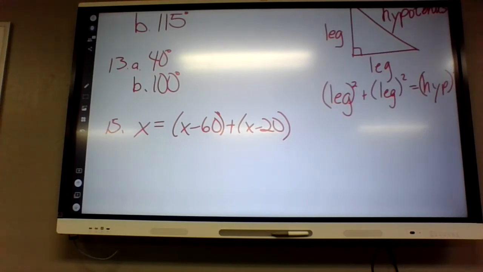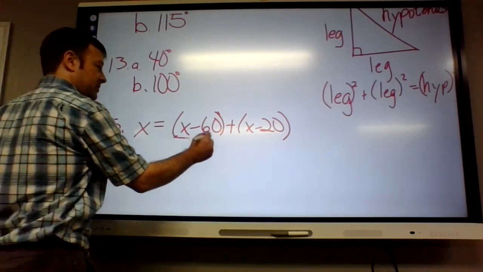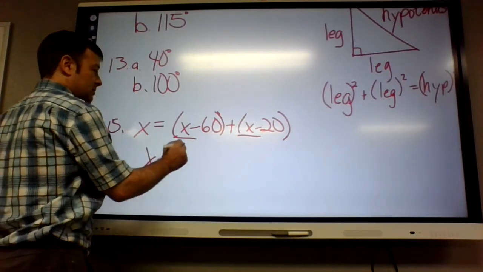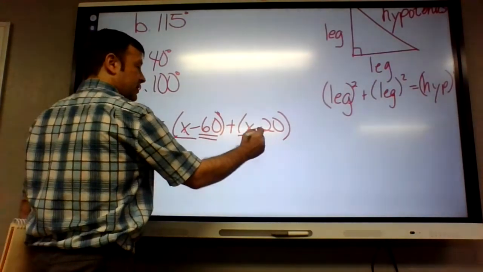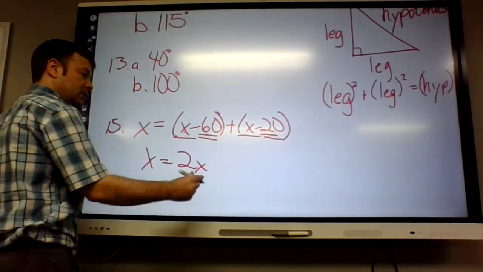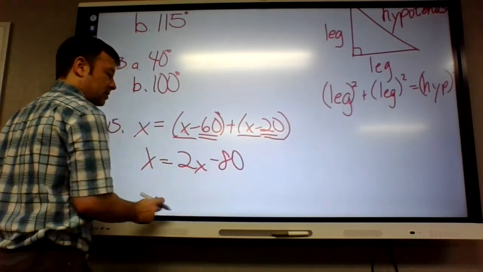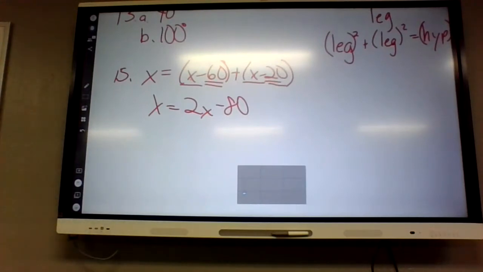Jarrett, what should we do? Add the x, add the like terms, simplify the right side. X plus x, minus 60 plus minus 20. Okay, we have x's on both sides of the equals.